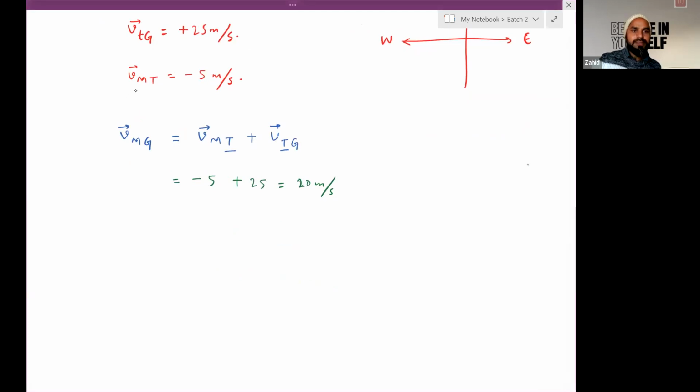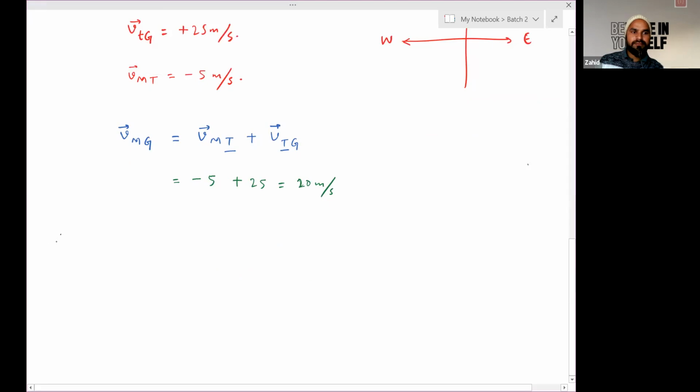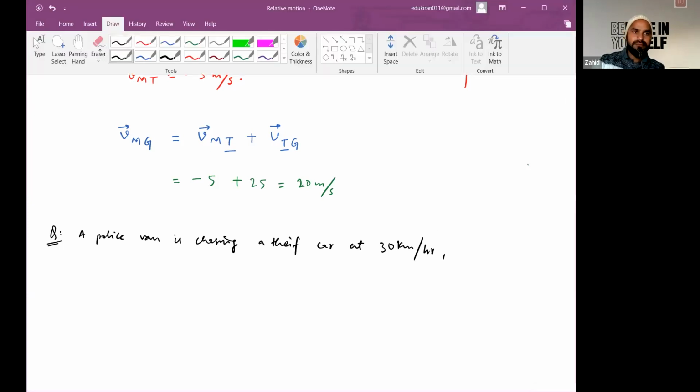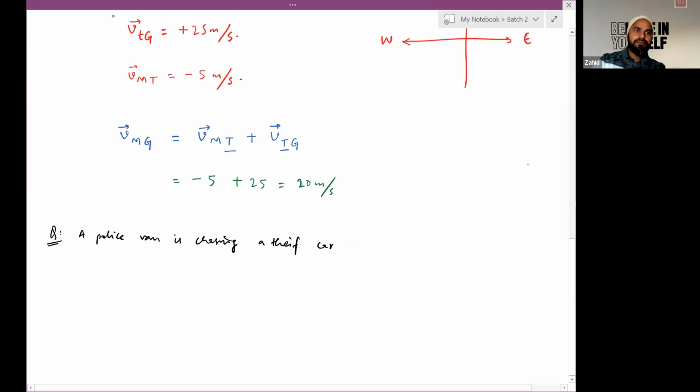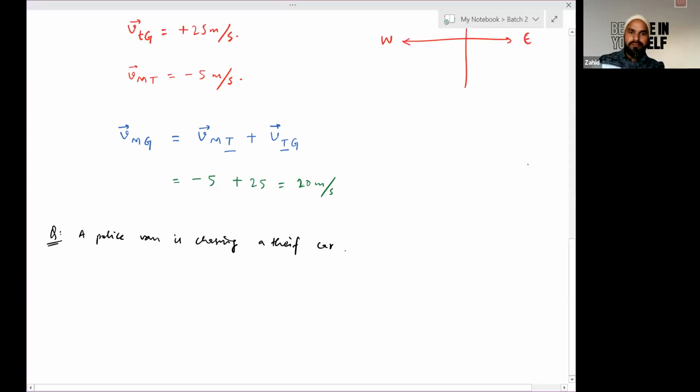I'm giving you one more problem related to this. A police van is chasing a thief car at 30 kilometers per hour, which is going at 192 kilometers per hour, and the police van is chasing at 130 kilometers per hour.